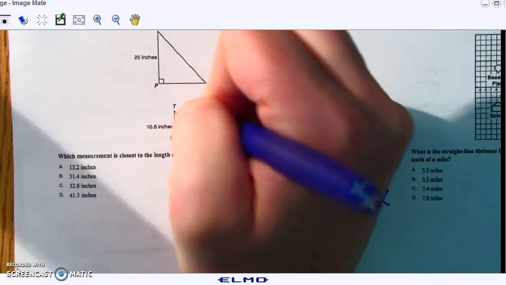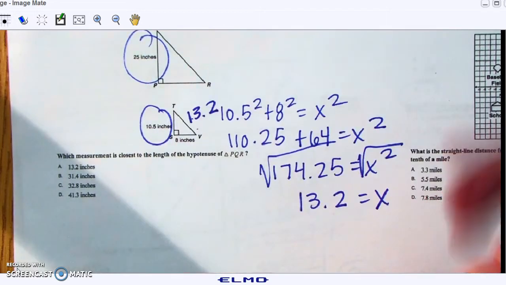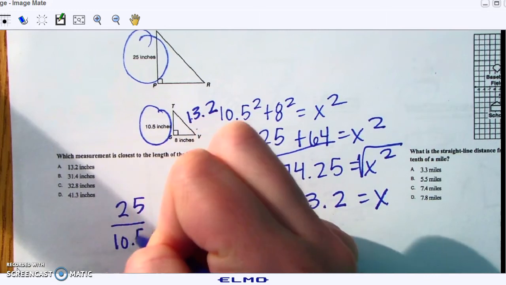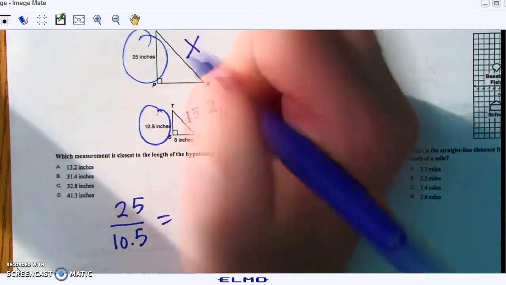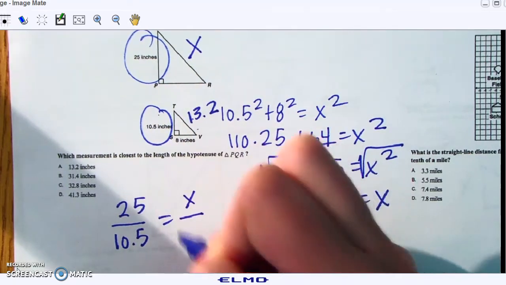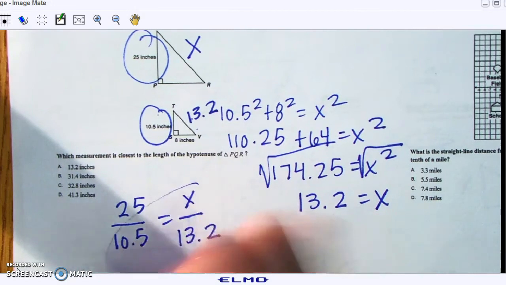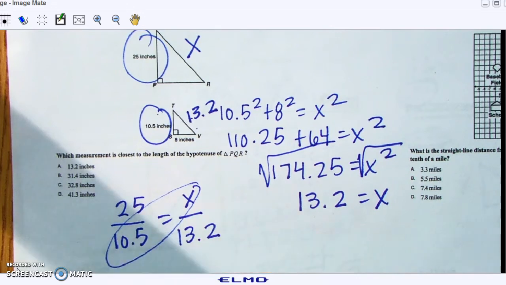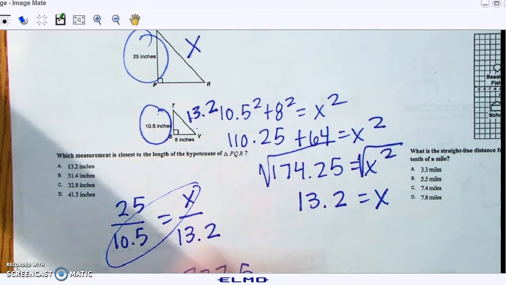So this is 13.2, but I need to figure out how these are similar. So 25 over 10.5, right, because these two correspond, is equal to, I don't know what this side is, over 13.2. So if I cross multiply, 10.5x is equal to 25 times 13.5, 337.5.